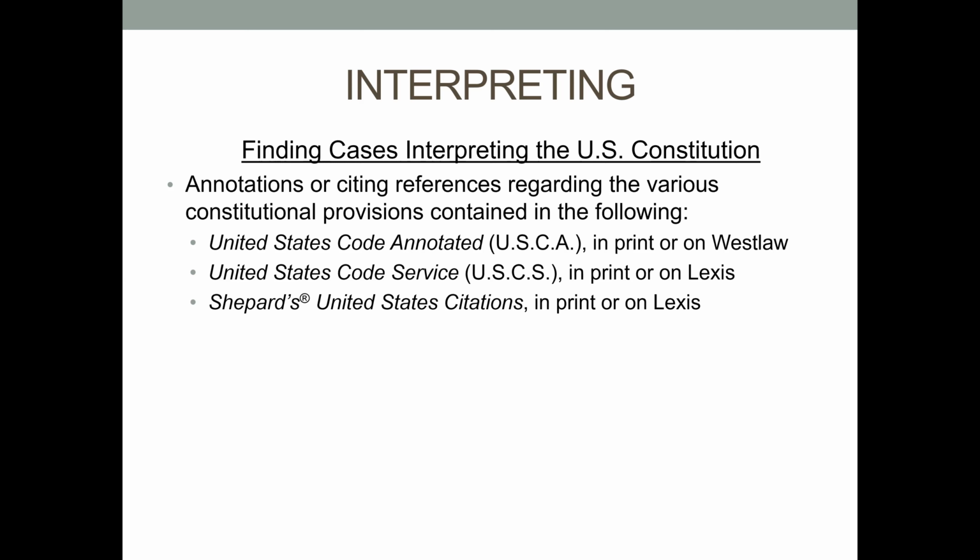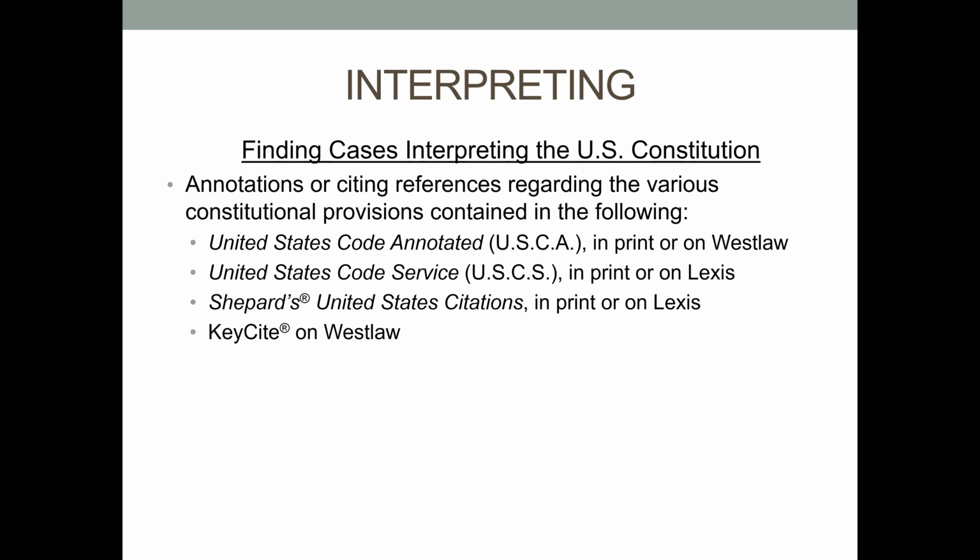Now, if you have a citator, such as Shepard's United States Citations, then this is the citator that will allow you to look up provisions of the Constitution and see a list of cases that have treated or cited that particular provision. There's a print version, and if you have Lexis, you can get it on Lexis.